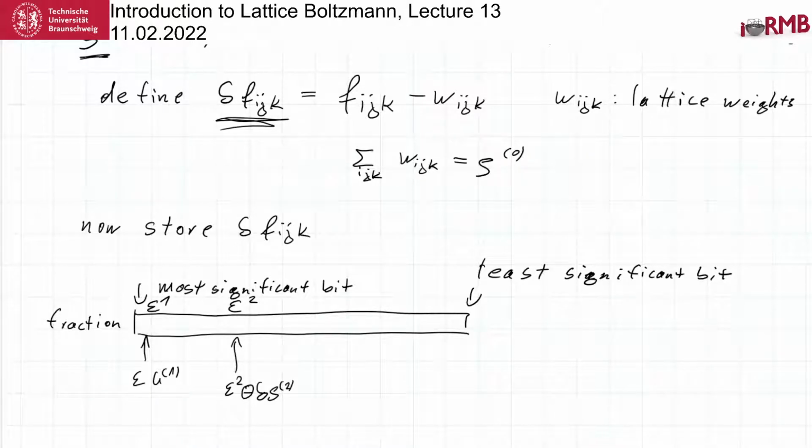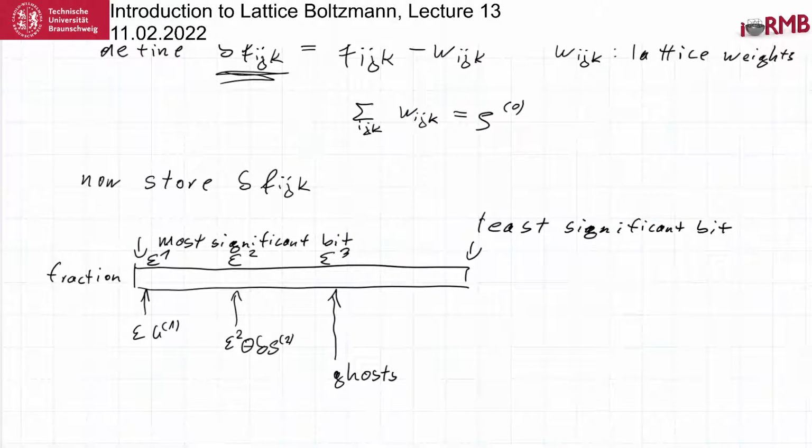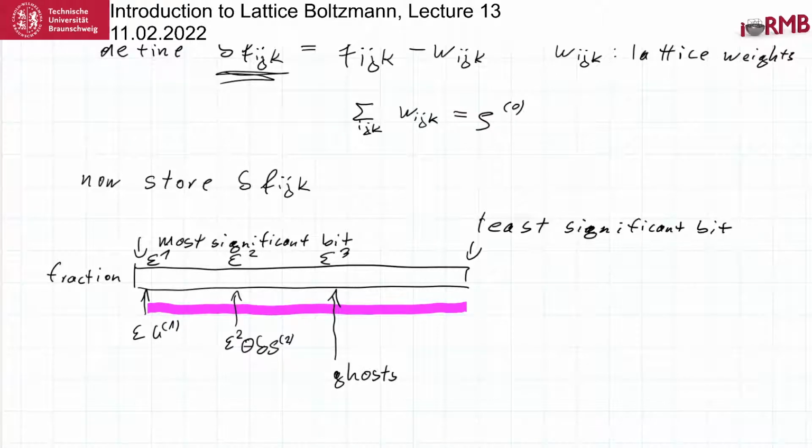And then we also have epsilon 3, which would be the first ghost moments. And what we observe now is that for the velocity we have all the 23 bits.